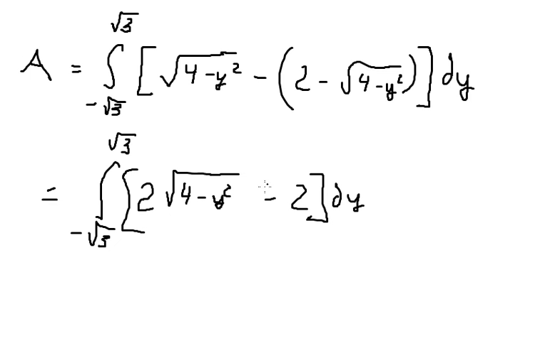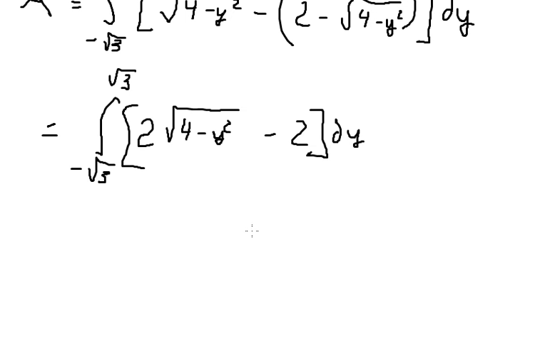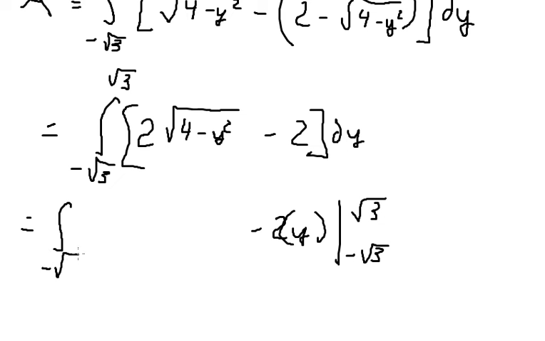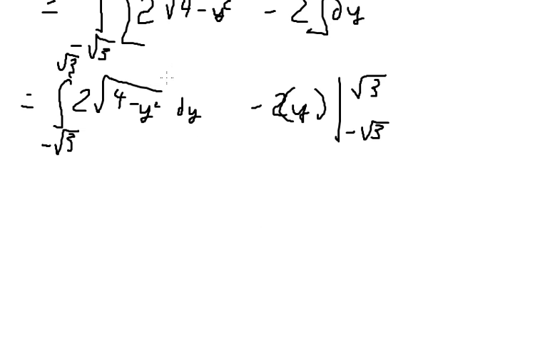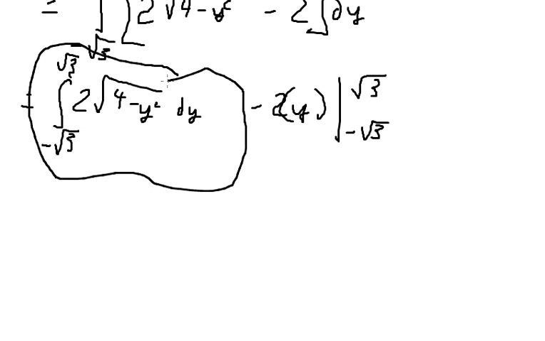The integration of negative 2, we have negative 2y, and we put the bounds in here. Now we just have this one left, so I just concentrate on this one only.